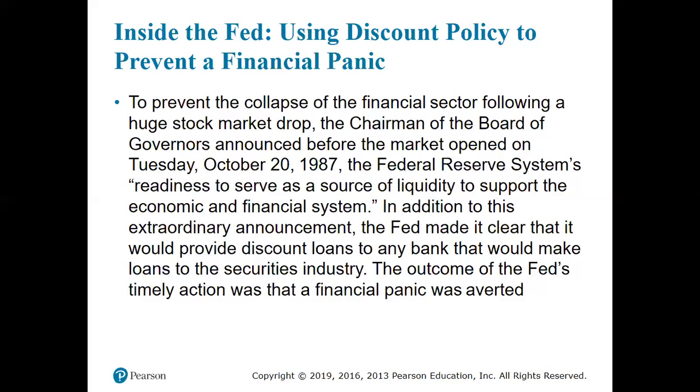While the markets dropped dramatically that day, they recovered a lot of those losses over the next couple of months. So it wasn't that long before things were back to a level similar to where they'd been prior to that major drop in October of '87. And in hindsight, that Fed action likely helped to avert any type of financial panic.